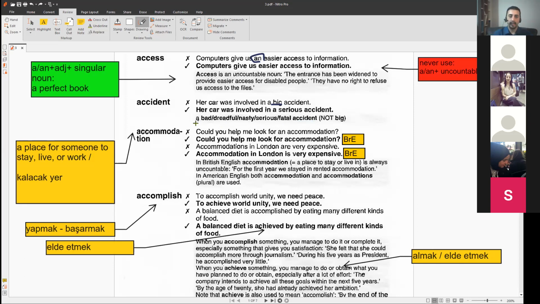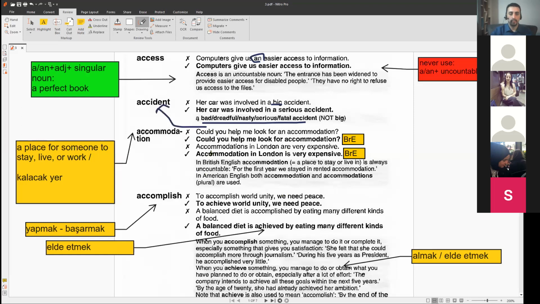Their meaning is negative. So we never say big accident. We say dreadful or serious or nasty accident. Okay, so be careful about the word accident.